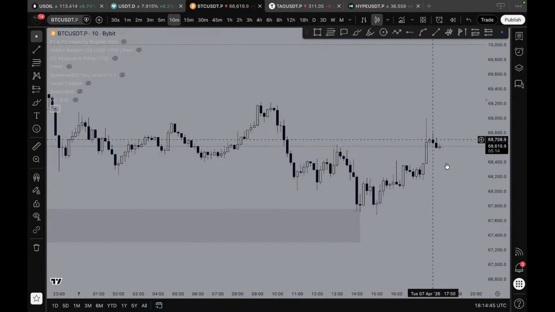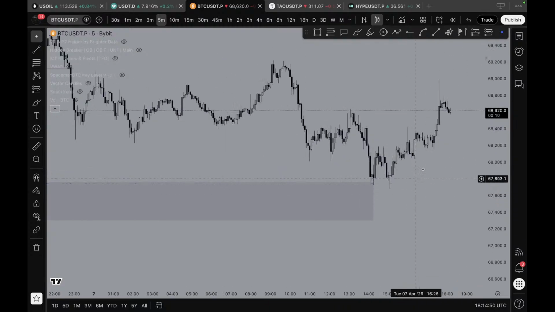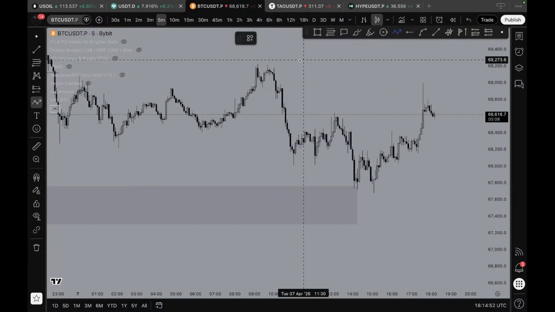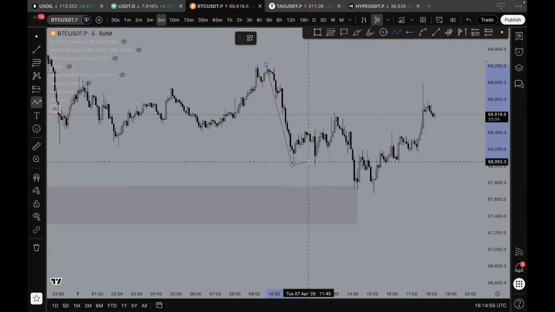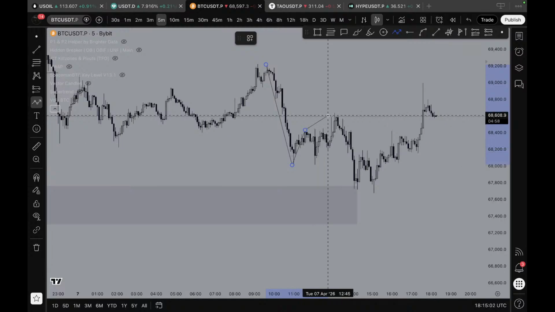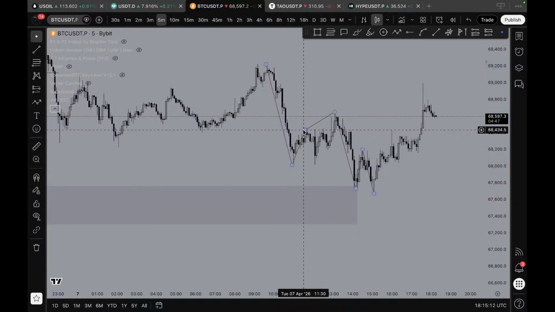And on the 5 we had nice structure. So basically from this high, price came down, then it came up, it swept, or is this a sweep? No, I don't think so. Then this was the lower high, then lower low, lower high, and here an SFP again.